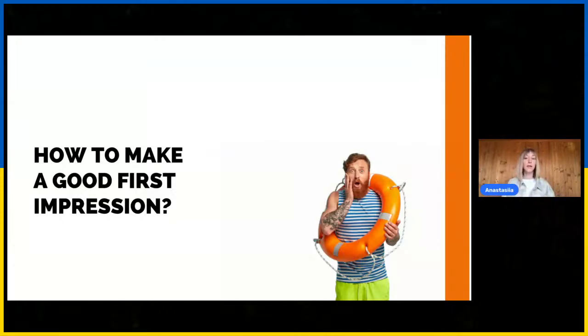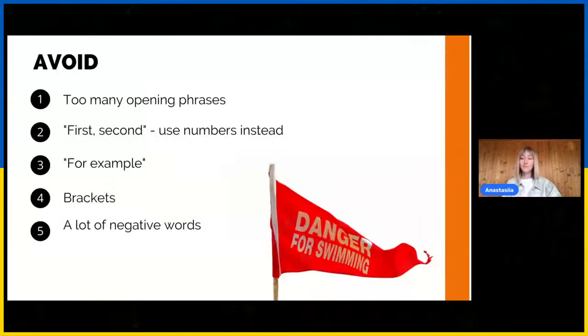So it's more difficult to make a good first impression by email. If you make it in person, you can just wear some tidy clothes, brush your hair, and you're already perfect. But as for the email, you should start communicating, and you should use some proper words so that people think of you as a professional. So let's see how to do it.